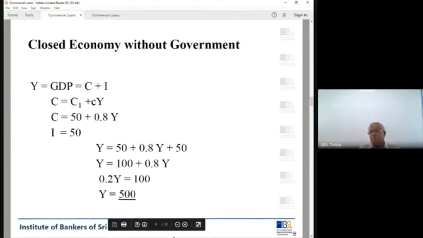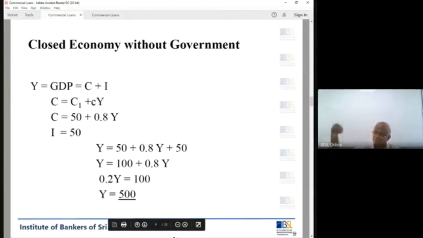Because we need consumption whether we get 0, 100 rupees, 1000 rupees, or 1 million rupees. Even if your income is 0, your minimum consumption is 50, autonomous consumption. 0.8 is called marginal propensity to consume. What does that mean? When your income increases by 1 rupee, households consume or save in this model.